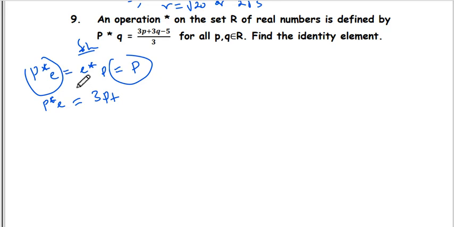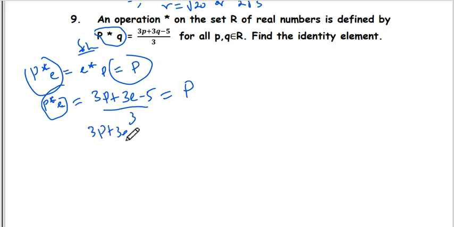3P plus 3Q minus 5 over 3. Now compare this and this. You see E here stands for Q. So what it means is anywhere we see Q here, we replace it with E. So it becomes 3P plus 3E minus 5 over 3 is equal to P. So that becomes 3P plus 3E minus 5.